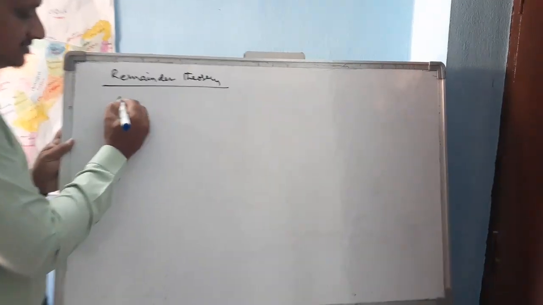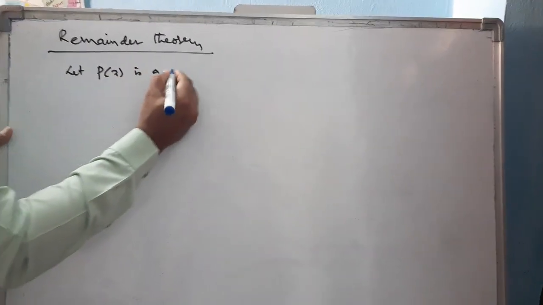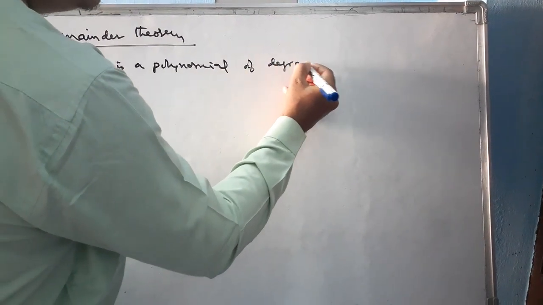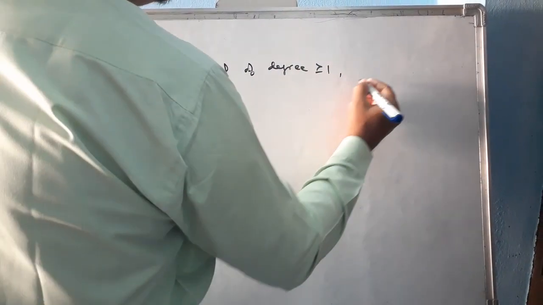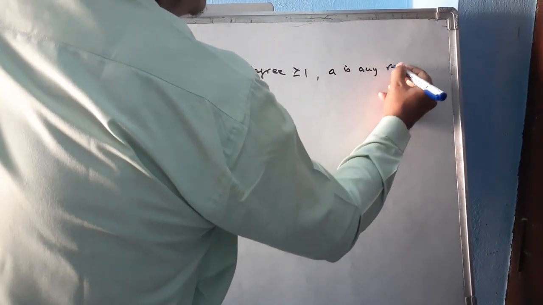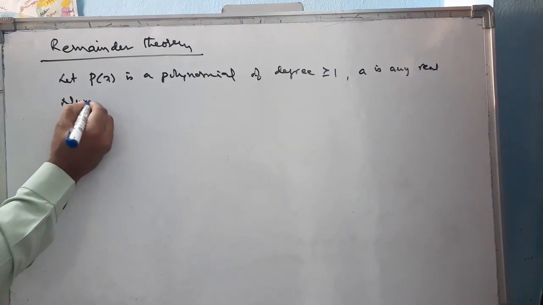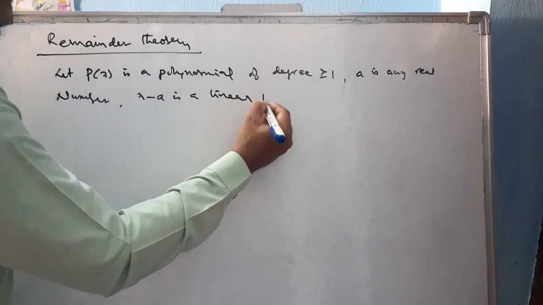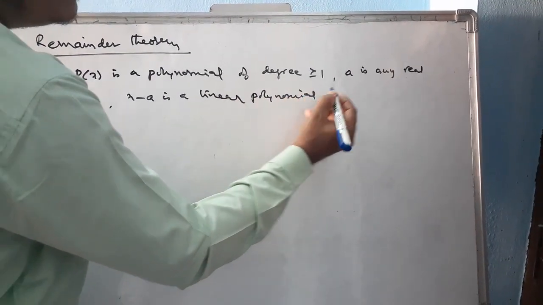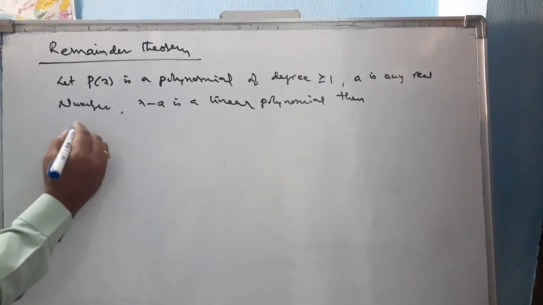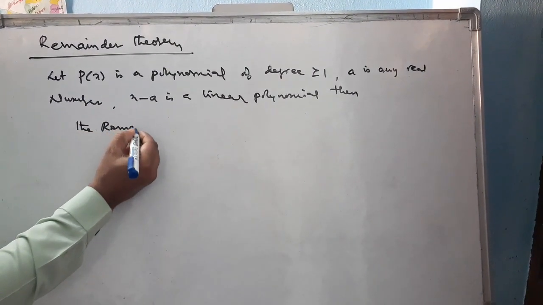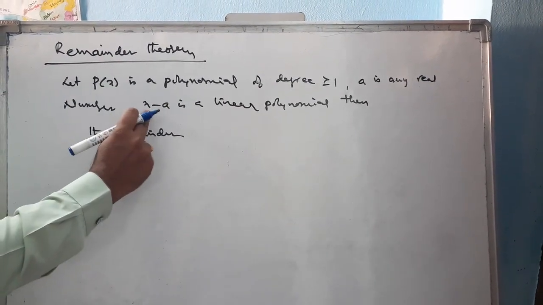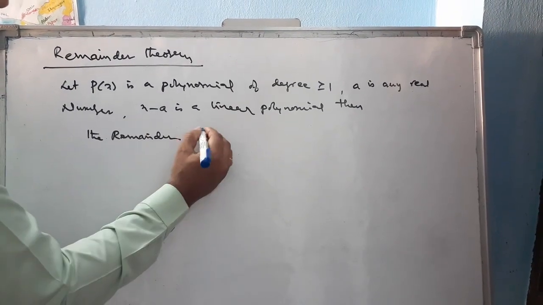So let p of x be a polynomial of degree greater than or equal to 1 and a is any real number, x minus a is a linear polynomial, then the remainder obtained by dividing p of x by x minus a is p of a.